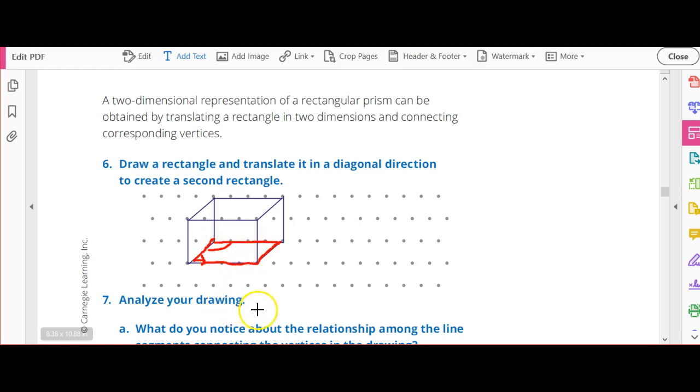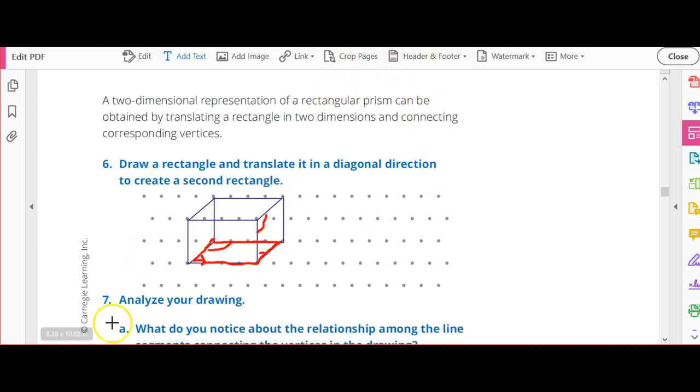That shape right there is going to be a parallelogram. Yes, this face right here is a rectangle, but this face right here is not a rectangle, because this one is obtuse and this is acute, and it's going up in a diagonal direction.